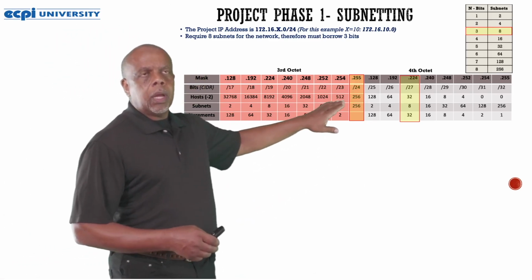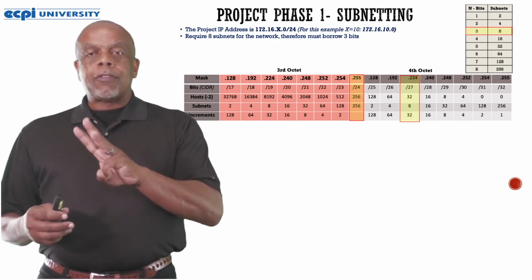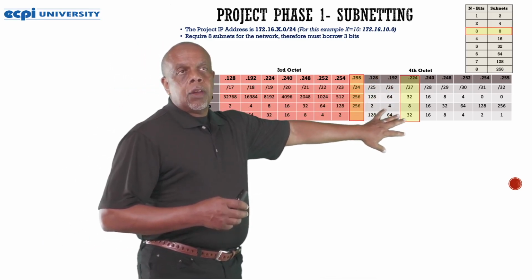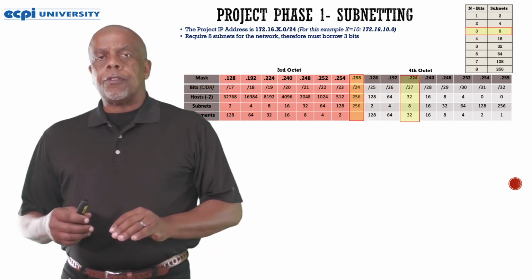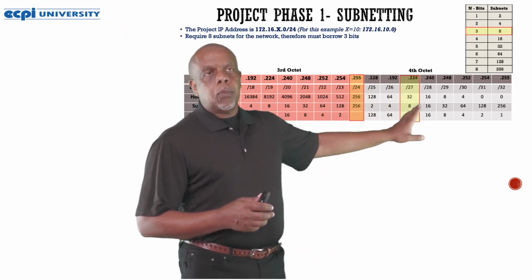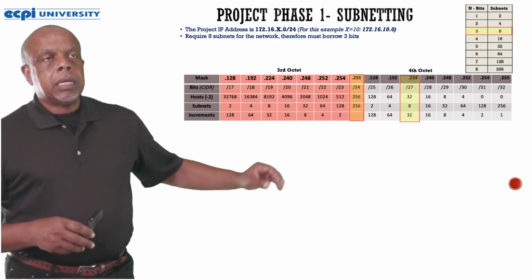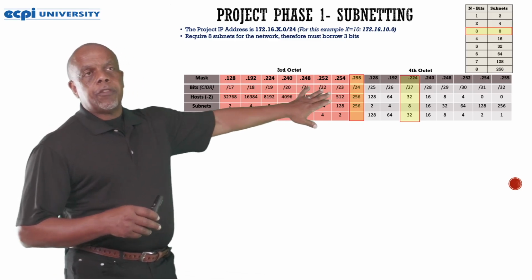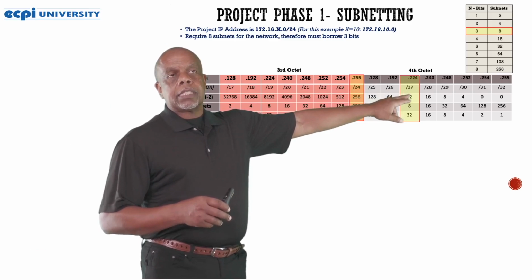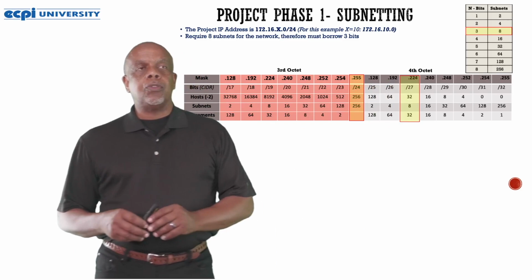CIDR of 24. Well, if I'm going to subnet this into 8 subnets, that means I have to borrow 3 bits, meaning I'm going to take 3 bits from the 4th octet, and we'll make those ones, which would then give me a CIDR of 27, which will give me a mask of .224.